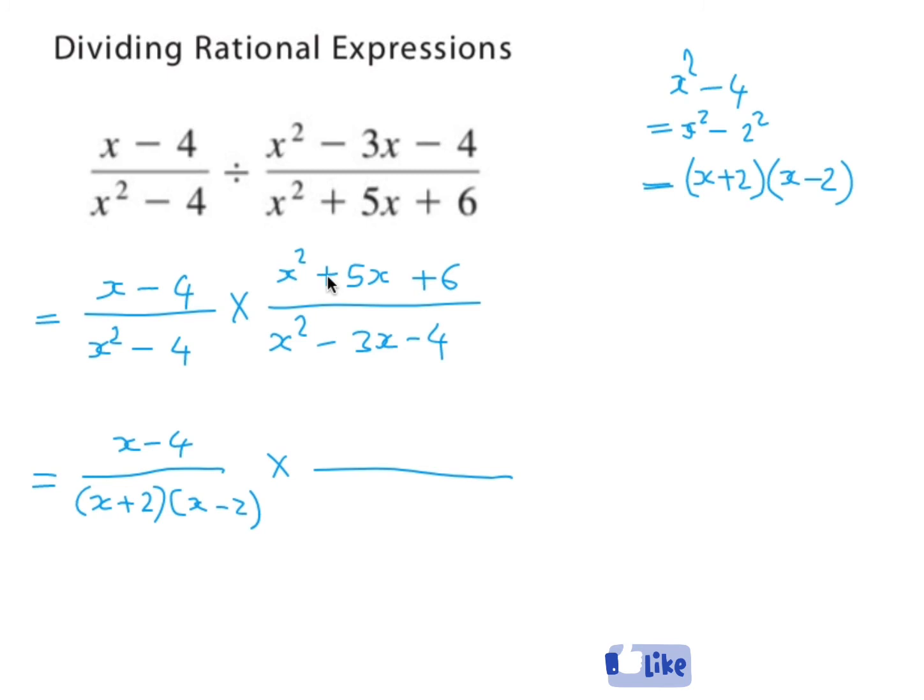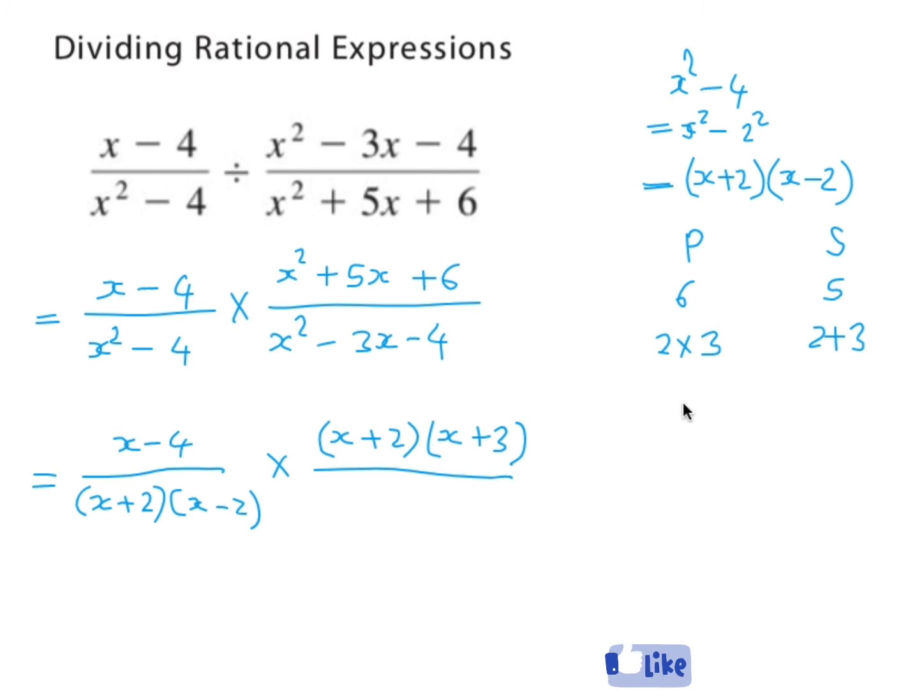Okay, so here x square plus 5x plus 6. This is a quadratic trinomial and we solve it like this. The product is 6 and the sum is 5. So 2 times 3 is 6 and 2 plus 3 is 5. So we got two numbers whose multiplication is 6 and sum is 5: plus 2 and plus 3.